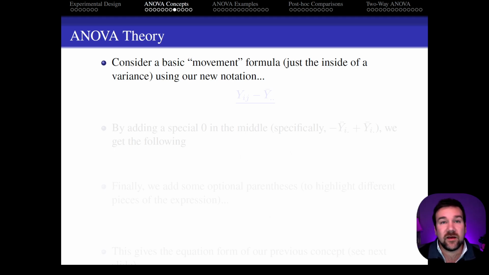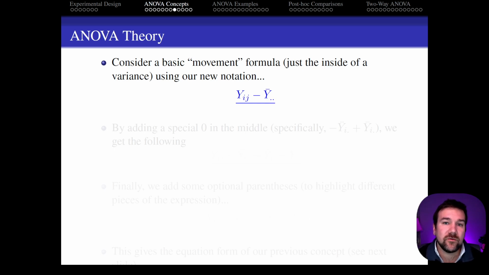And then we add it up and divide by how many we have. But the core of that is the movement between the data point and its mean, the data point minus its mean. So the basic movement is just the data point, y sub ij, that is for any particular group, any particular individual in it, minus the total mean.